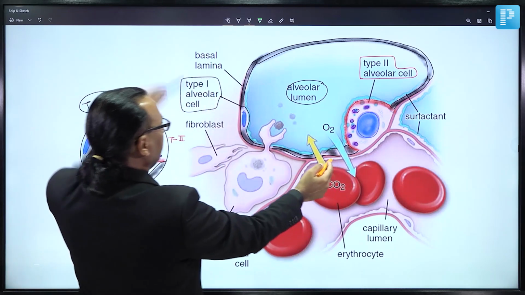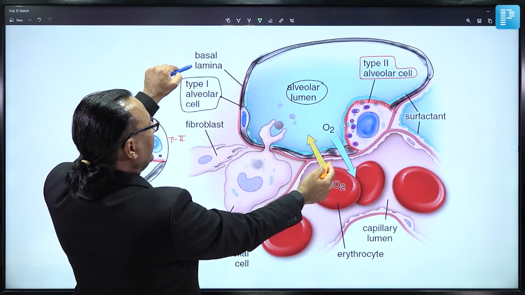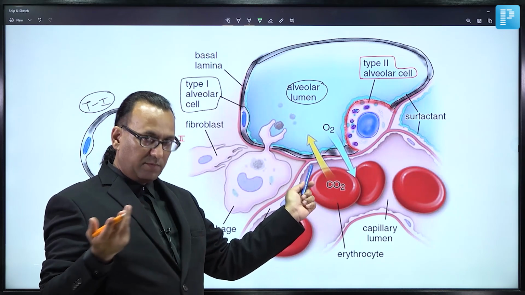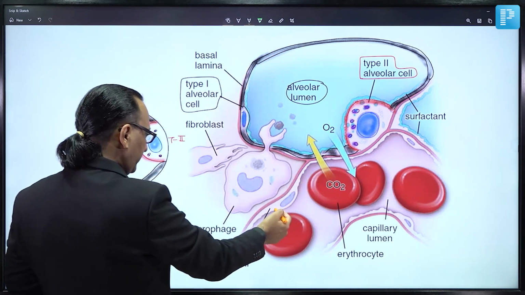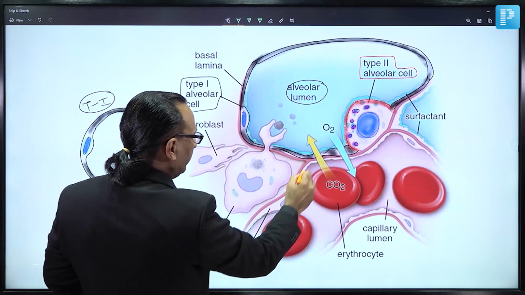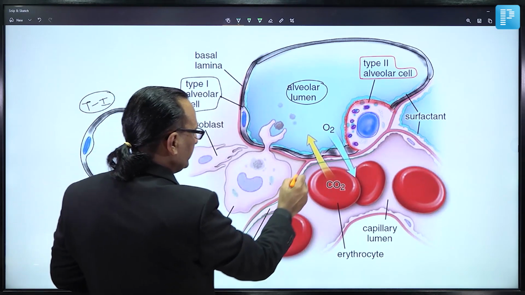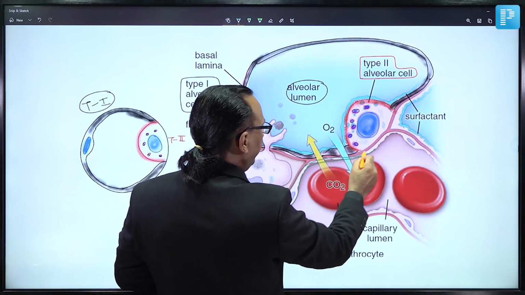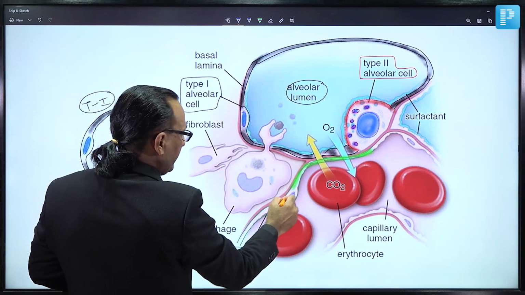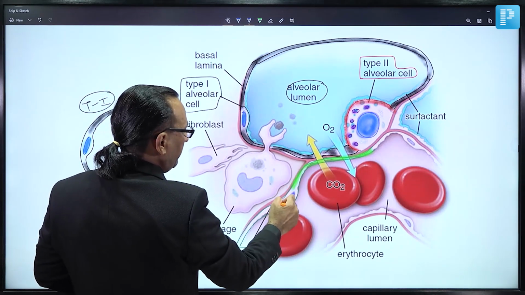Then there will be some basal lamina on which the epithelium is sitting. And then we'll have the simple squamous epithelium, the endothelium lining the capillary itself. So here is the endothelial cell, which itself is simple squamous epithelium, as you can notice, contributing to the respiratory membrane. And the nucleus of capillary endothelium is obviously a flat nucleus, or sometime it may be globular.